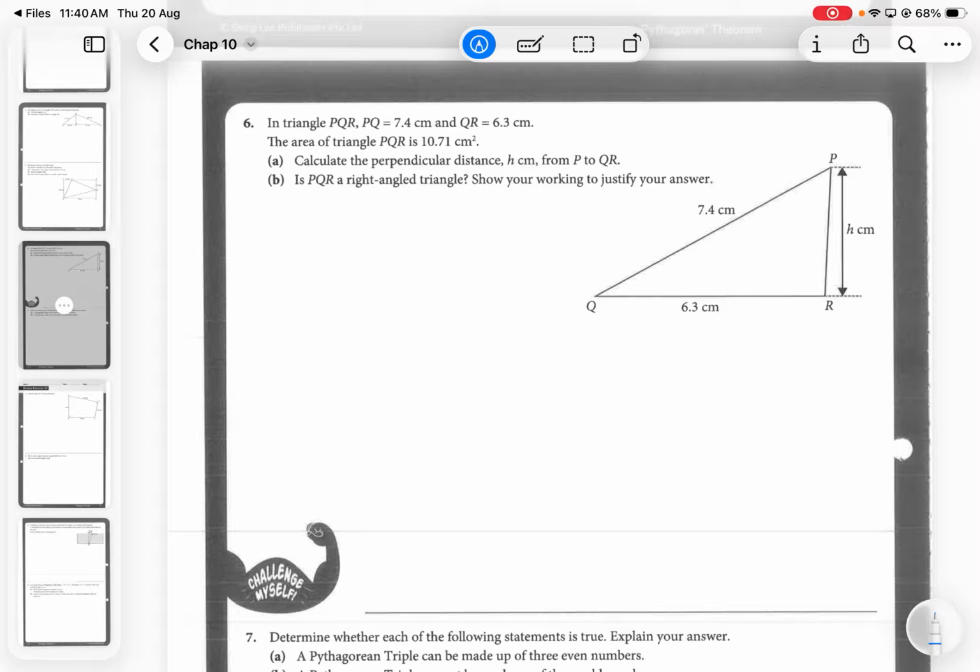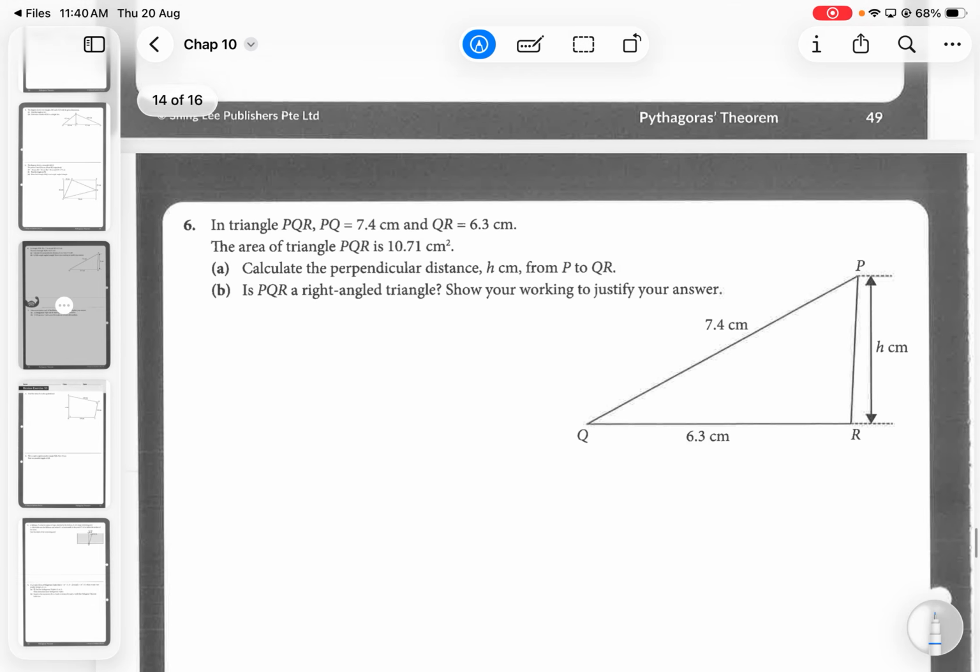In this question, PQR is a triangle. You don't know if it's a right angle triangle yet. They never tell you this is a right angle triangle. But they tell you the area of triangle PQR is 10.71. Then they ask you to calculate the perpendicular distance H from P to QR.